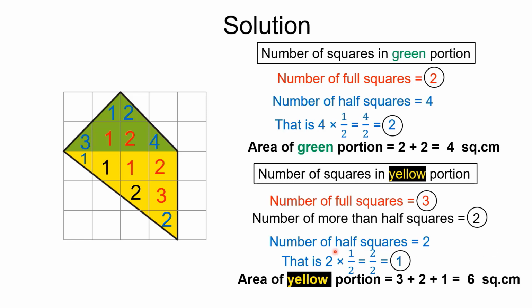To find out the area of this shape, we have to add the area of the green portion and the area of the yellow portion. Area of the green portion is 4 square centimeters. Area of the yellow portion is 6 square centimeters. So the area of the shape is 4 plus 6, that equals 10 square centimeters.